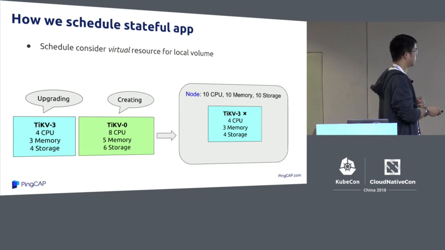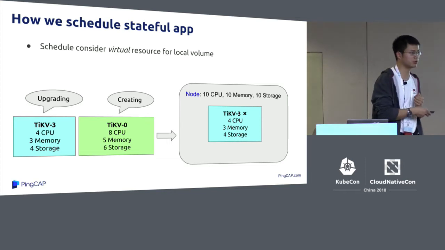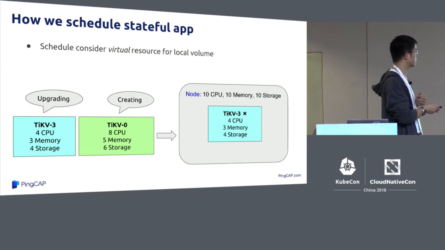Then when the next pod is scheduled, the resources would become 10 CPU and 10 memory. So there might be a chance that another cluster's TiDB or another recent pod would be scheduled on this node because it can still be assigned.